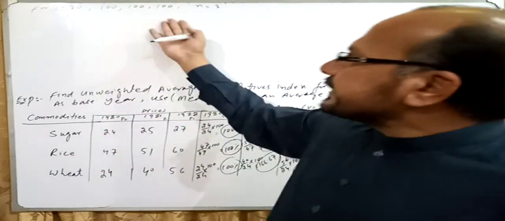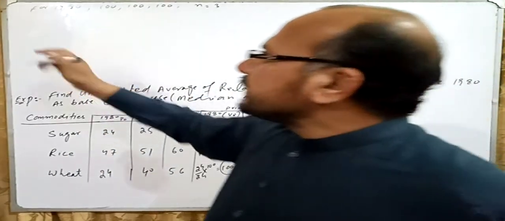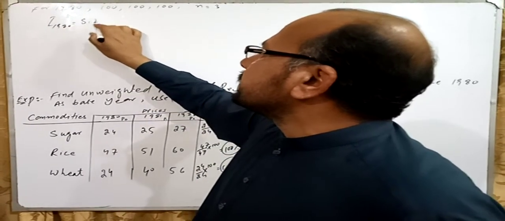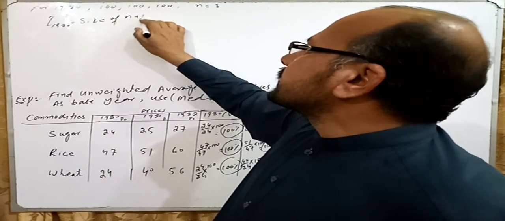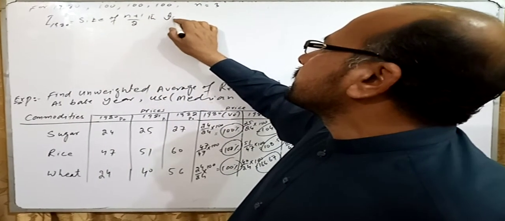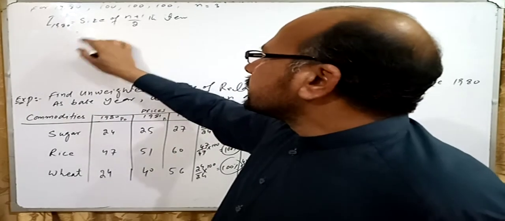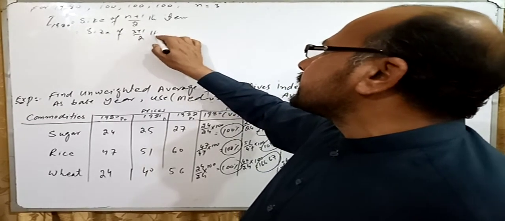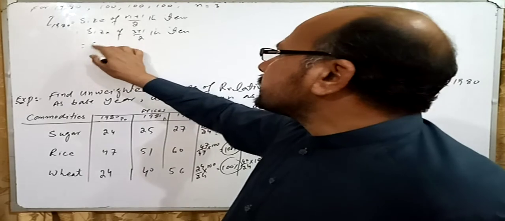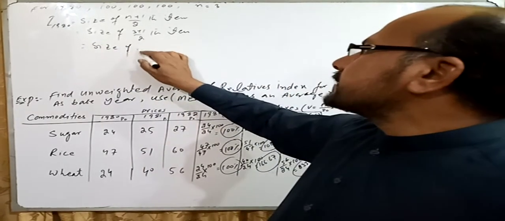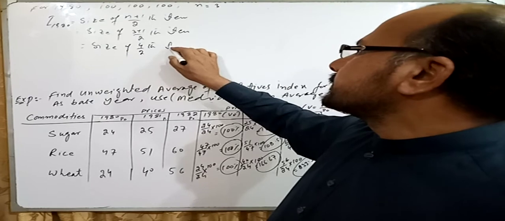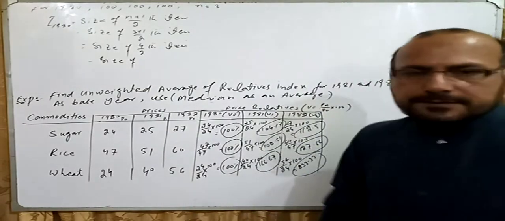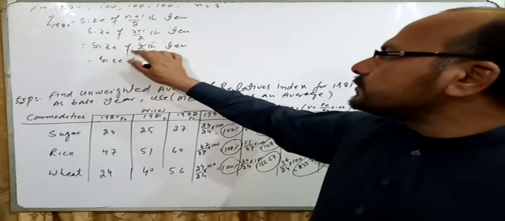The mid value is the median. In case of odd numbers you can choose it directly, but by using the formula, I 1980 is equal to size of (n plus 1) over 2th item. Size of (3 plus 1) over 2th item, that is size of 4 over 2th item, so it becomes the size of the second item. 2 ones are 2, 2 twos are 4.